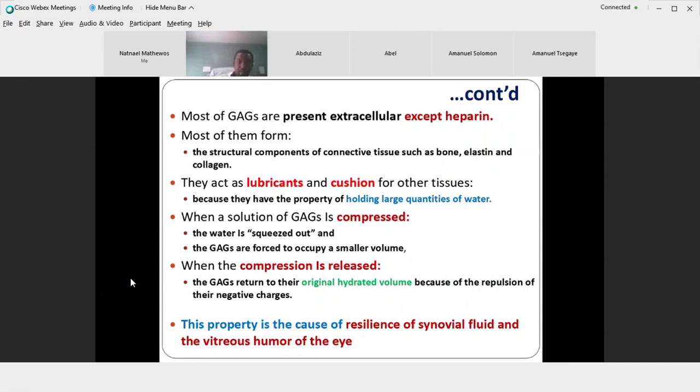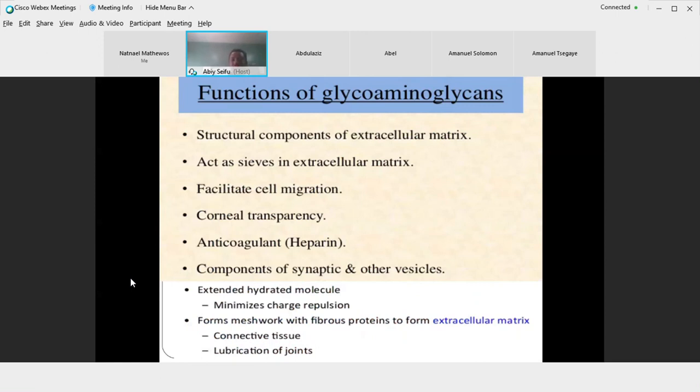And most of them have their own role as a lubricant, hence they hold a large amount of water. These are some of the functions of glycosaminoglycans. For example, as I mentioned earlier, most of them are found in the extracellular matrix, and some of them facilitate cell migration.